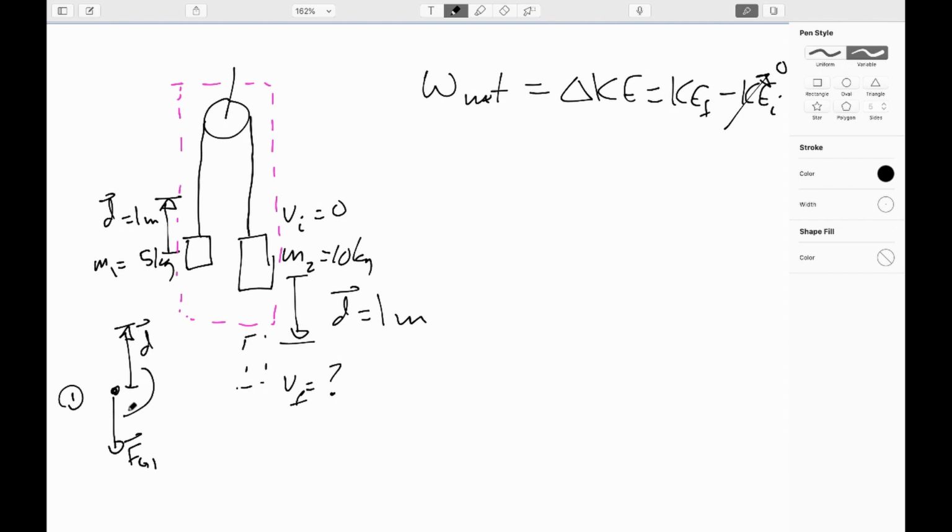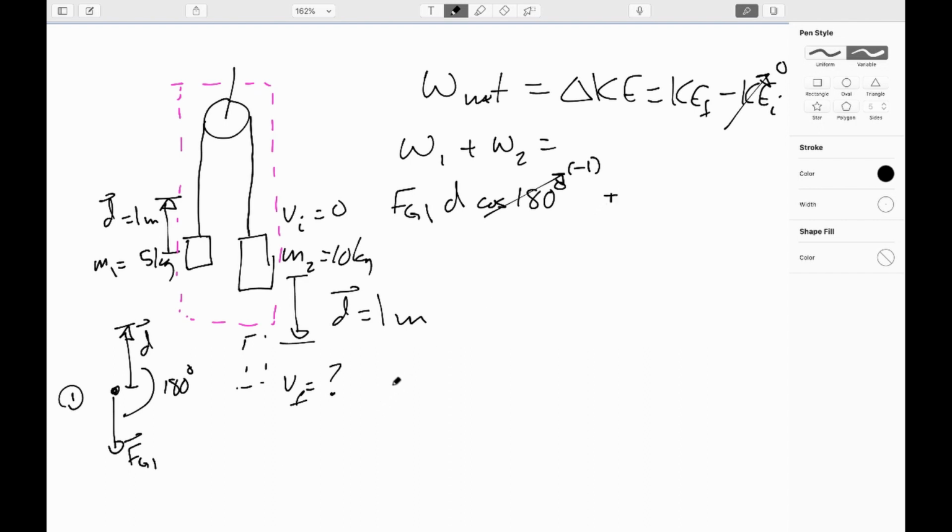So this is going to mean that there's a 180-degree angle between the two. So we'll say this is W1 plus W2, and we'll worry about the kinetic energies in a moment. So the work done on mass 1 will be the force of gravity on mass 1 times the displacement times the cosine of the angle between them, which in this case is 180 degrees. Cosine of 180 is -1.